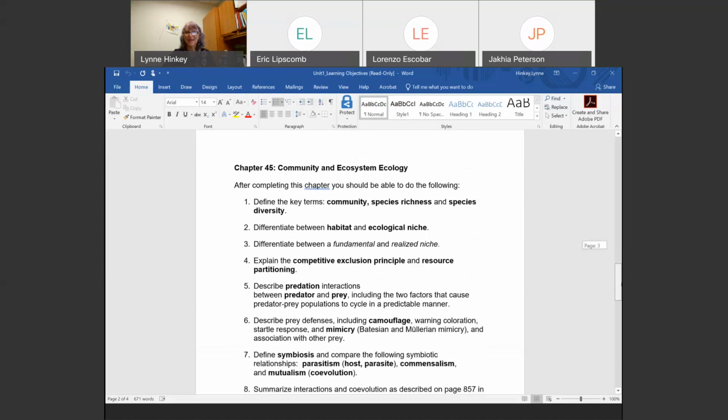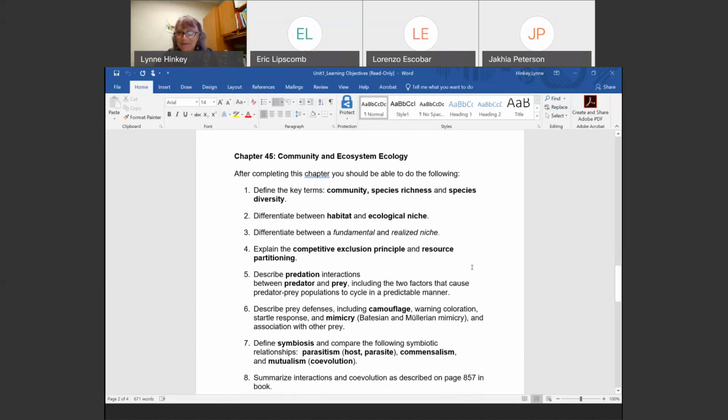All right, we'll move on to chapter 44, community and ecosystem ecology. Our community is all the different species, so all the different populations that live in a given area. Species is interesting because we have different definitions of species.